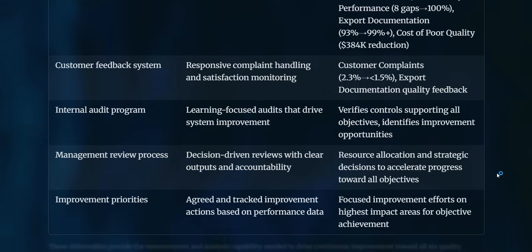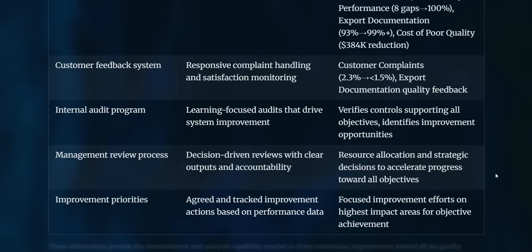Then the next output is the management review process. The description for the management review process would be decision-driven reviews with clear outputs and accountability. The objective addressed by management review processes includes resource allocation and strategic decisions to accelerate progress toward all objectives. The final output is improvement priorities.